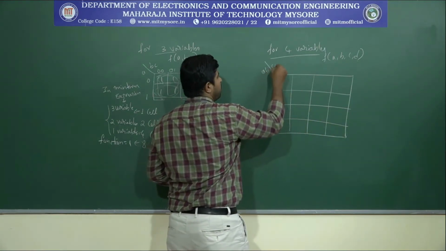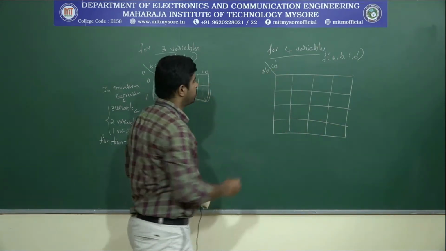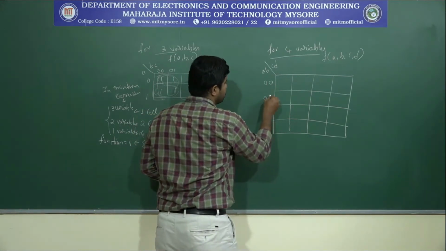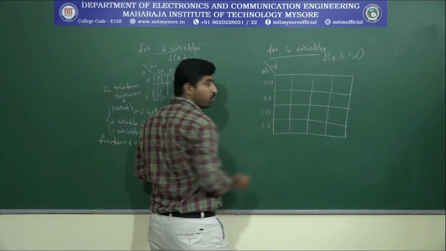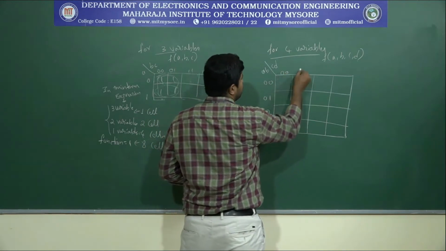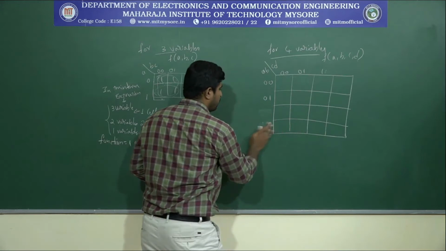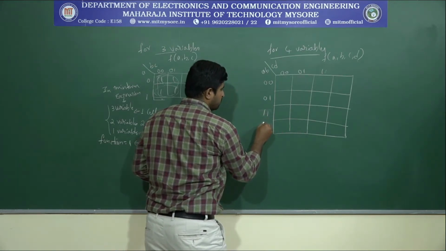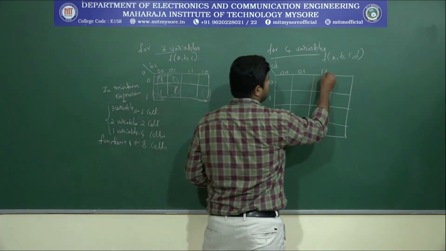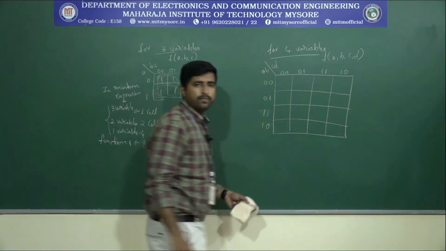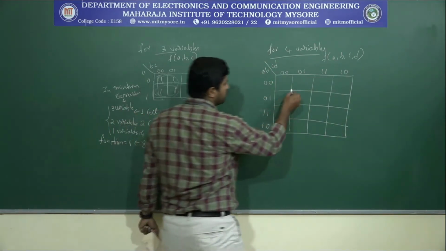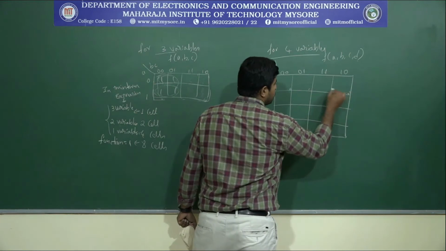And this is AB, CD: 0 0, 0 1, 1 1, 1 0, and likewise for the columns.